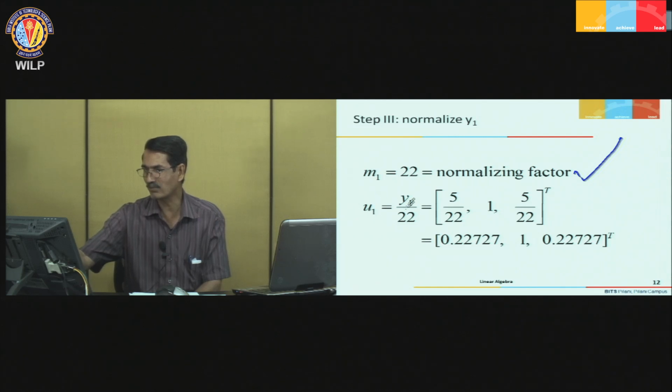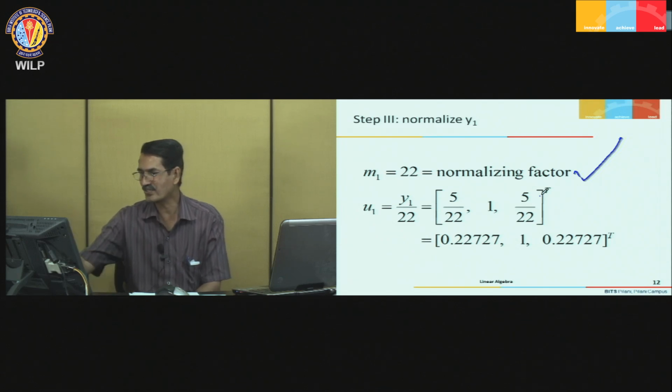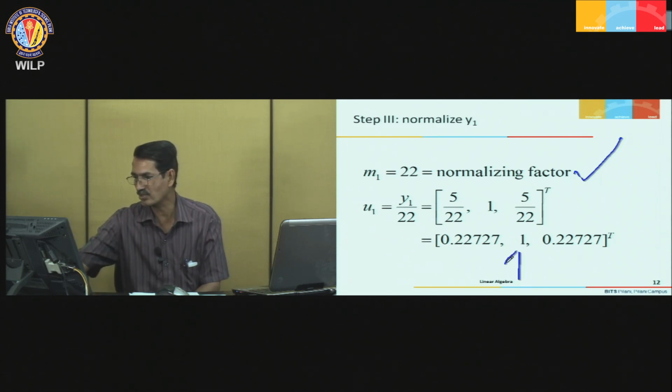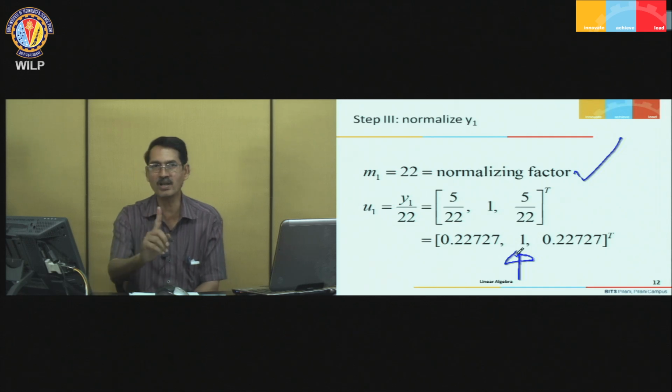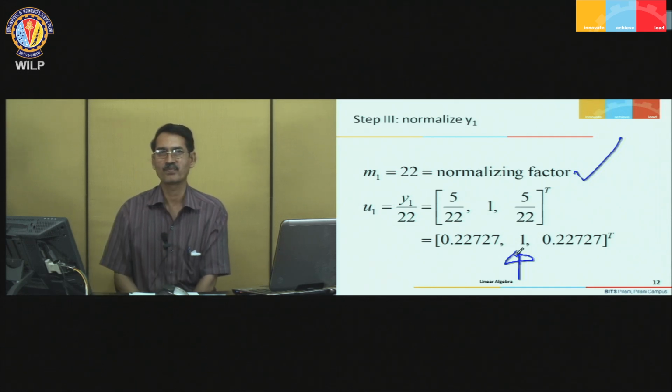That I am calling U1; U1 is Y1 by 22, which is 5 by 22, 1, 5 by 22, that is 0.22727, 1 and the same. Of course, I am writing transpose just to save space; this is a column matrix. Largest is 1. Therefore, this vector U1 is in the normalized form.